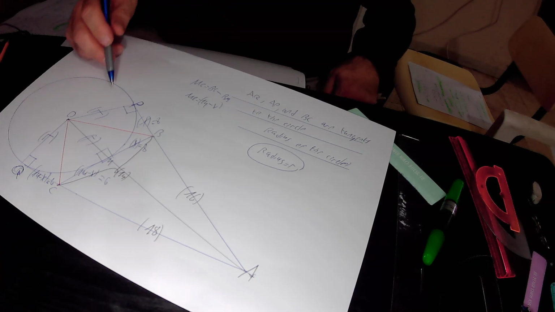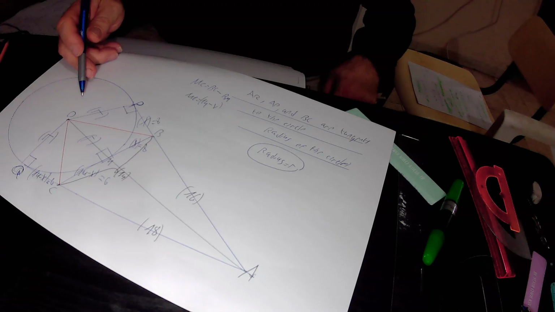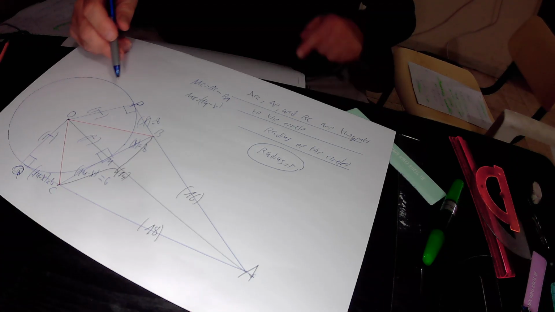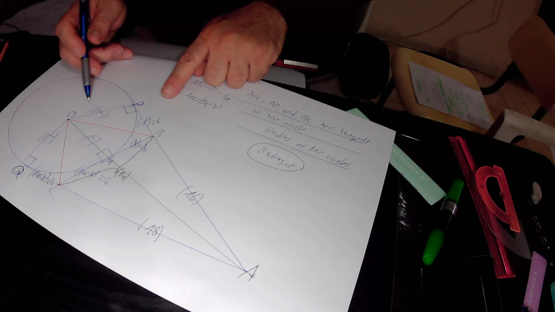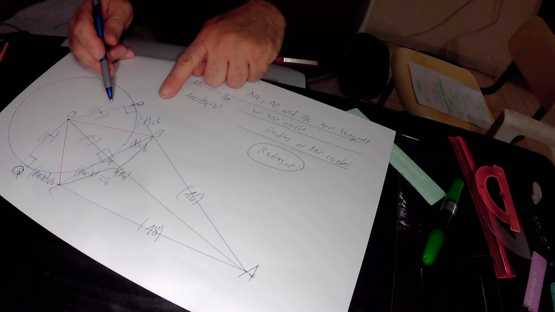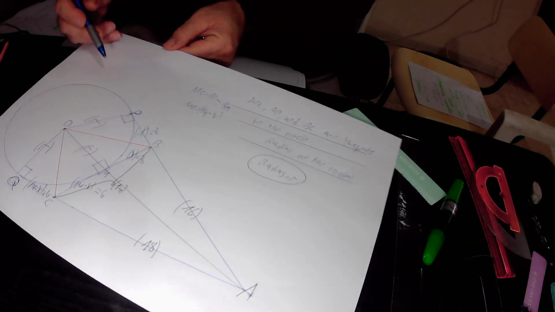equals the area of this first right triangle, which is the base PB, that is 8, times the height PO over 2. So in total, the area of this right triangle OPB equals 8R over 2. 8R over 2 is 4R.